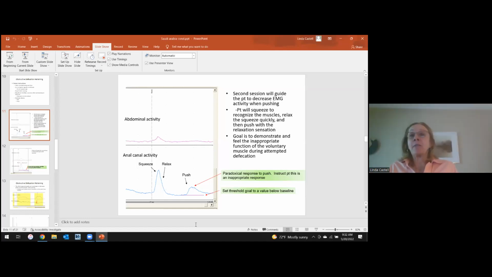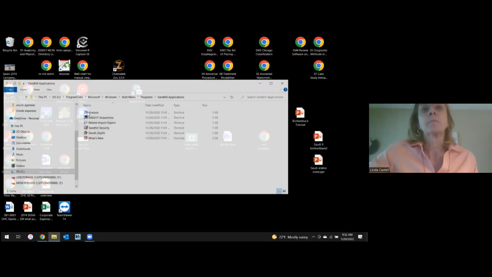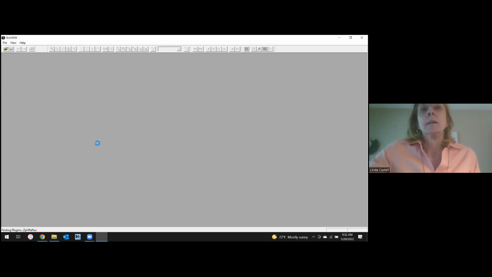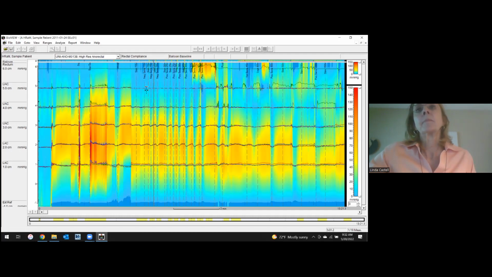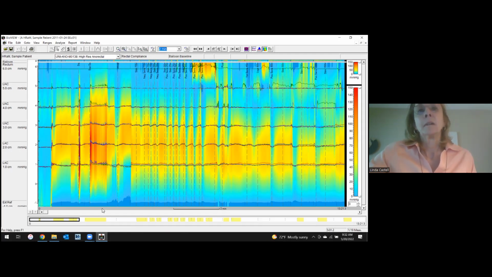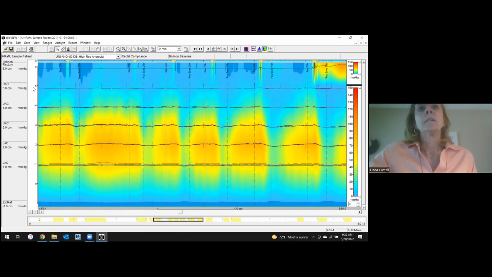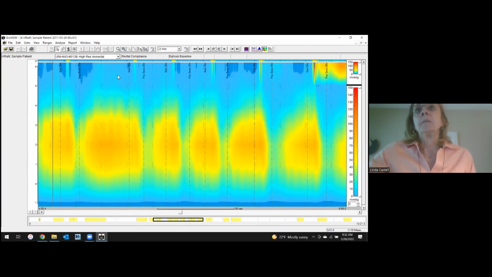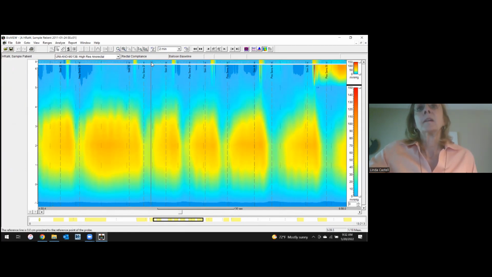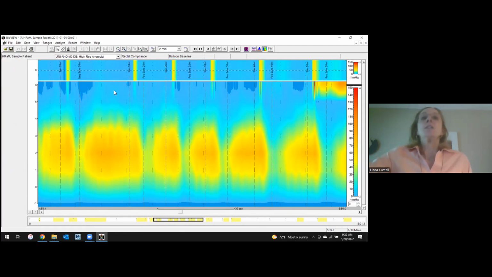Yeah. There's several. So when you inflate the balloon and you do not see a RAIR, so you don't see this nice green coming down, the first thing I do is look at my rectal stimulation balloon channel and make sure that I inflated the balloon.